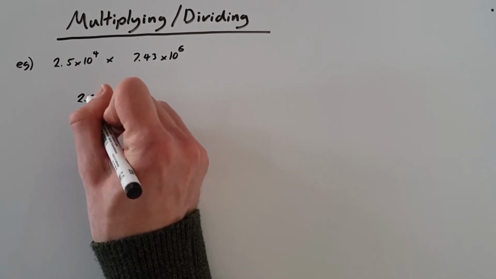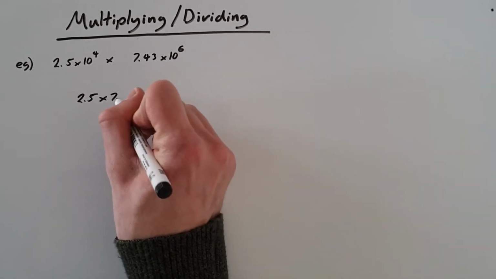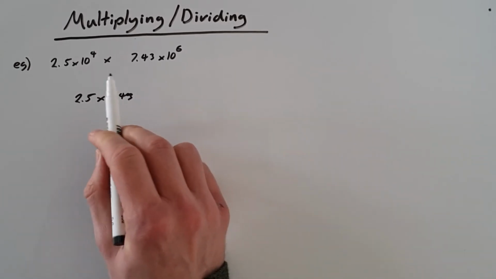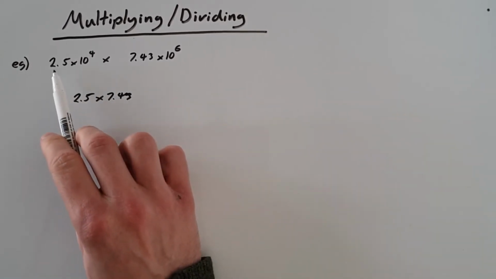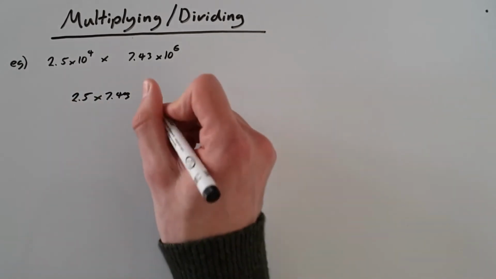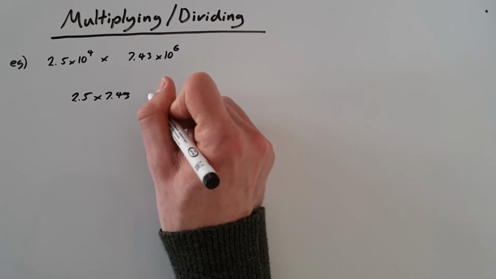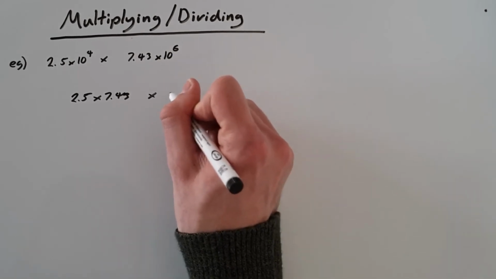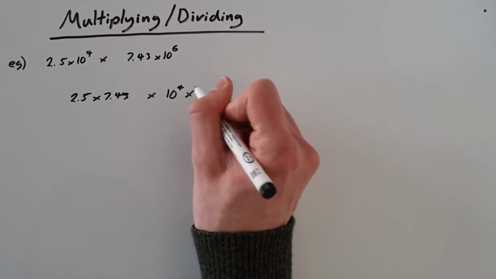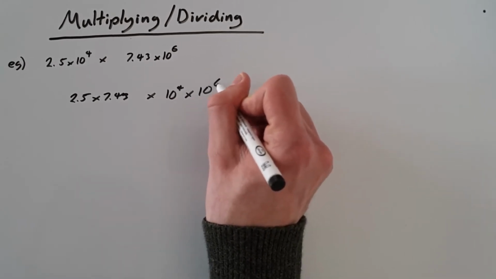So say 2.5 times 7.43. Okay, so we break this down into its individual parts. So we take the first two parts out and multiply them. And then what we do is we then multiply our 10 to the 4 times our 10 to the 6.